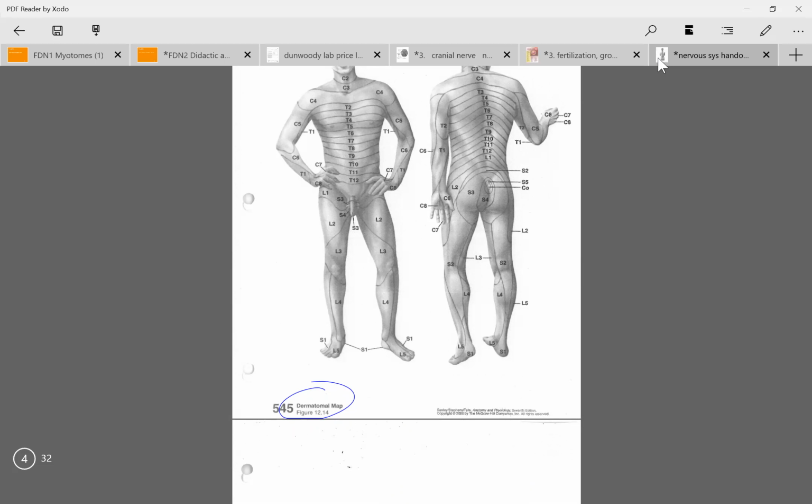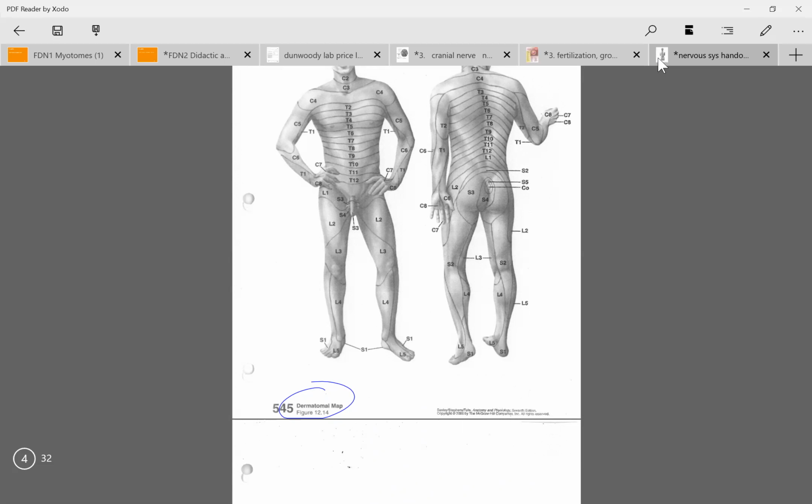Okay, one reason would be to understand if a person has a skin eruption of blisters, for example, shingles. Okay, shingles tend to follow dermatome patterns.